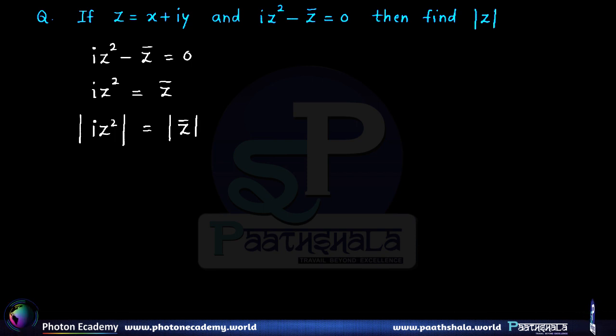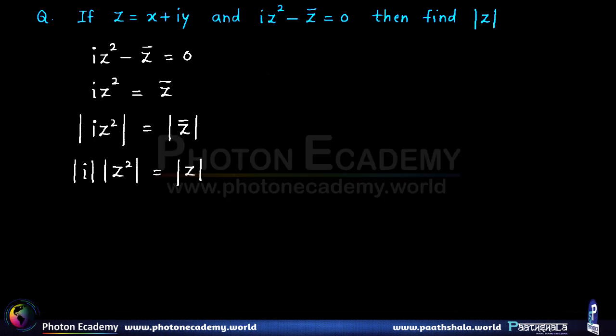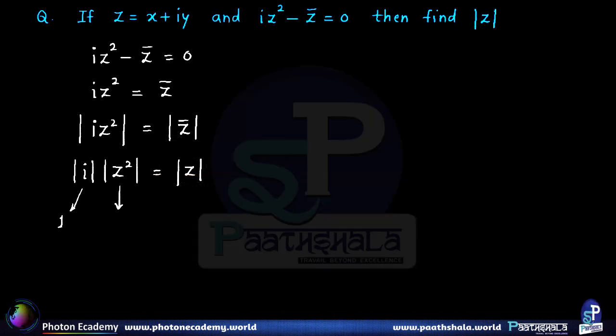So taking the modulus, we have this step. Now breaking the modulus, we have mod of i into mod of z square is equal to, now mod of z bar I can write as mod of z because we know from the property of modulus. Now here modulus of i is nothing but 1, and therefore what remains is modulus of z square. Now again using the property of modulus, we can write this as modulus of z the whole square is equal to modulus of z.